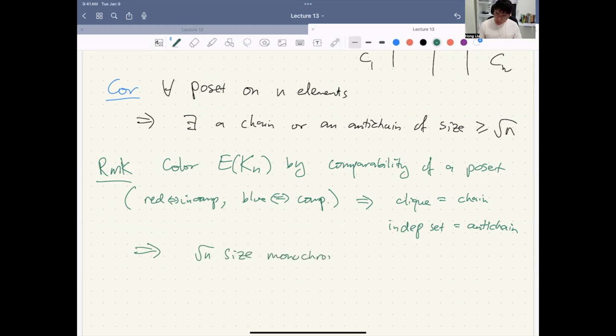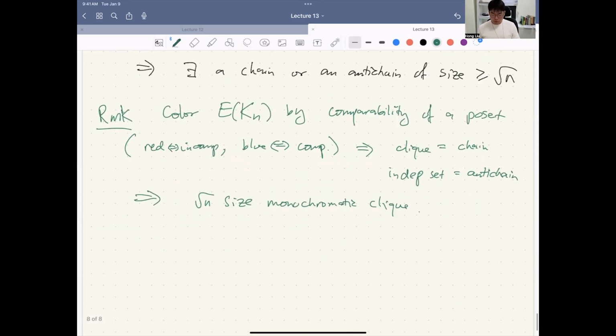So we have a square root n size monochromatic clique. This is much, much larger than standard Ramsey.